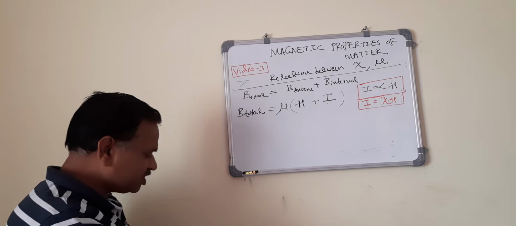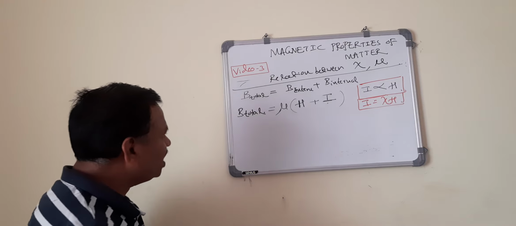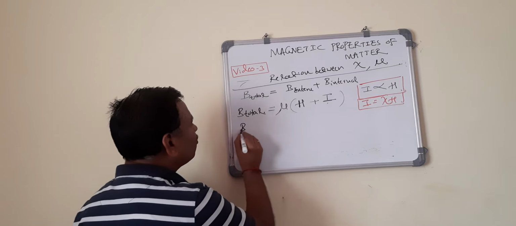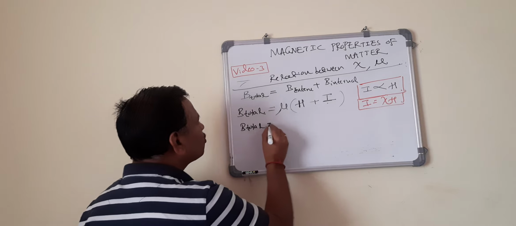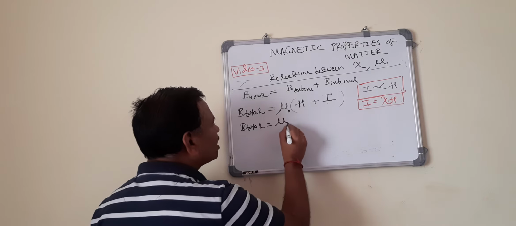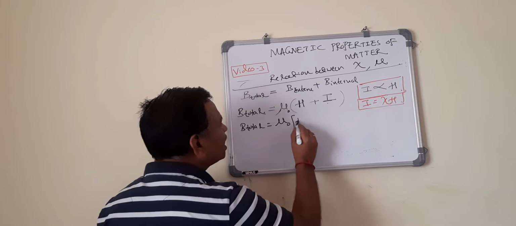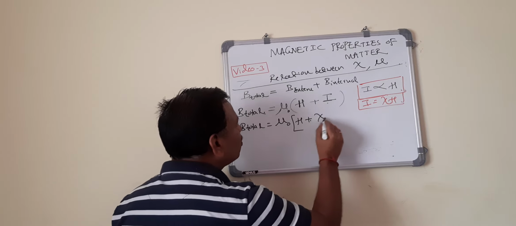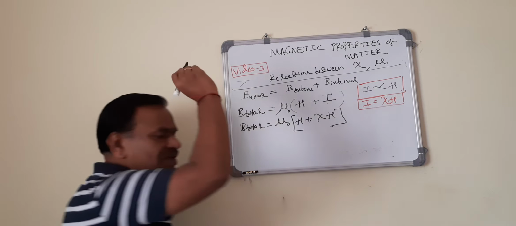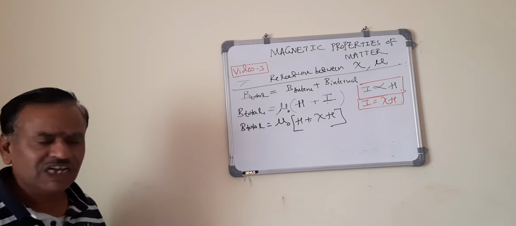Now I will rewrite this equation. B total equals mu naught into bracket H plus chi into H, with H the common factor.